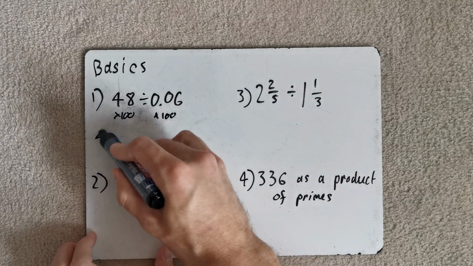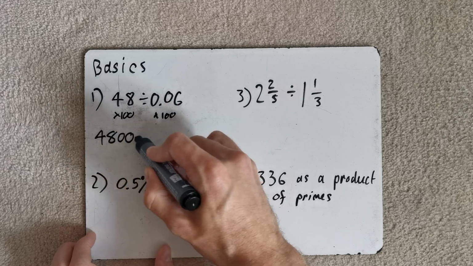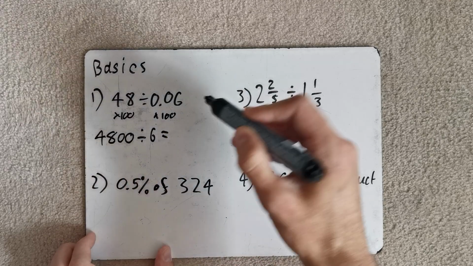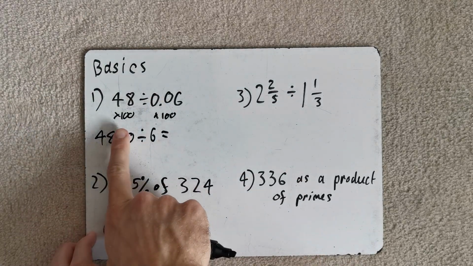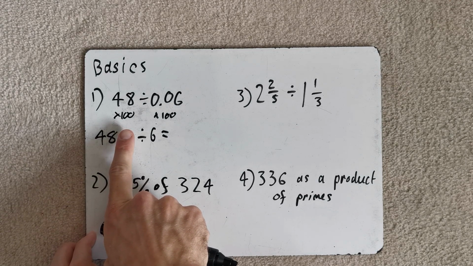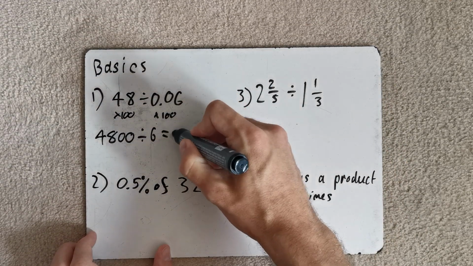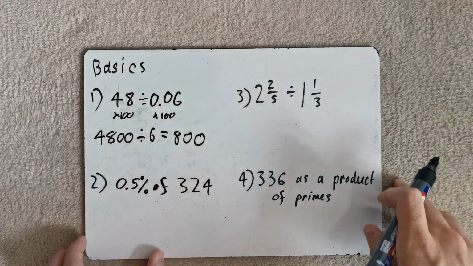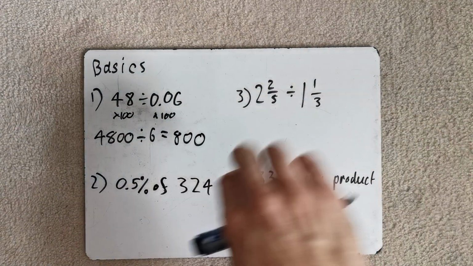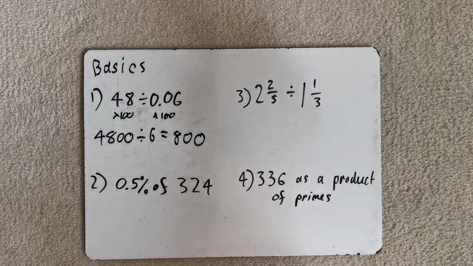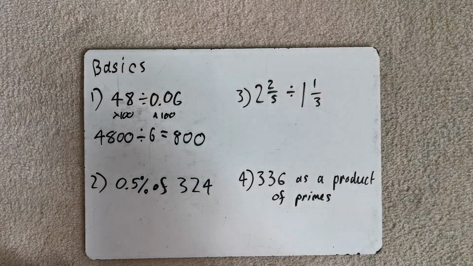So that becomes 4,800 divided by 6. So 48 divided by 6 is, of course, 8. So 4,800 divided by 6 will be 800. You might be thinking, you're dividing, why has it got bigger? That's what happens when you divide by a little tiny decimal like that.